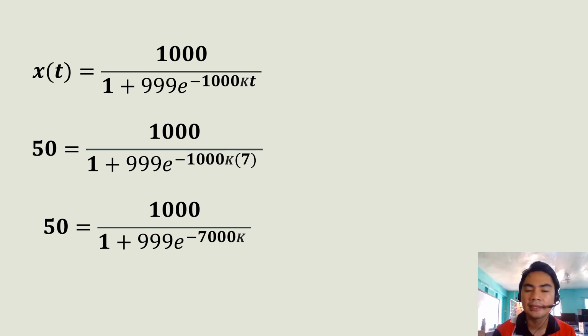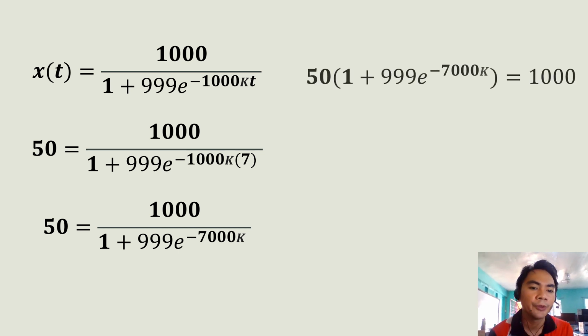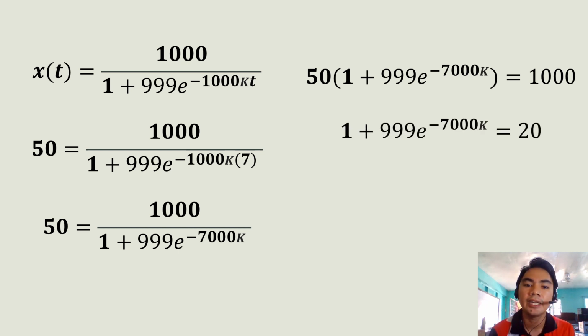By this, let us multiply both sides by 1 plus 999 e raised to negative 1000k and simplify. So we have this equation, 50 quantity of 1 plus 999 e raised to negative 7000k is equal to 1000, and simplify this.